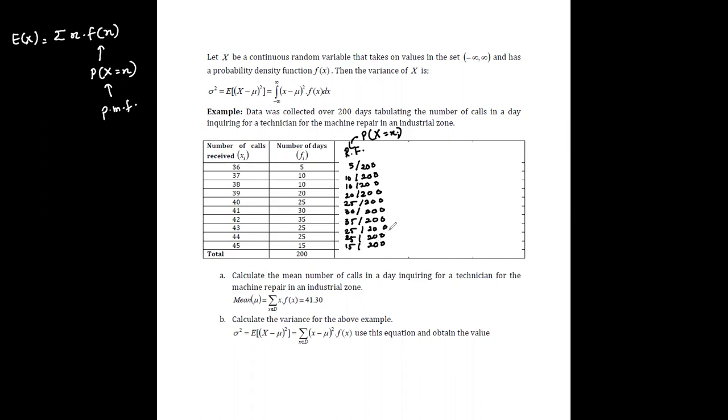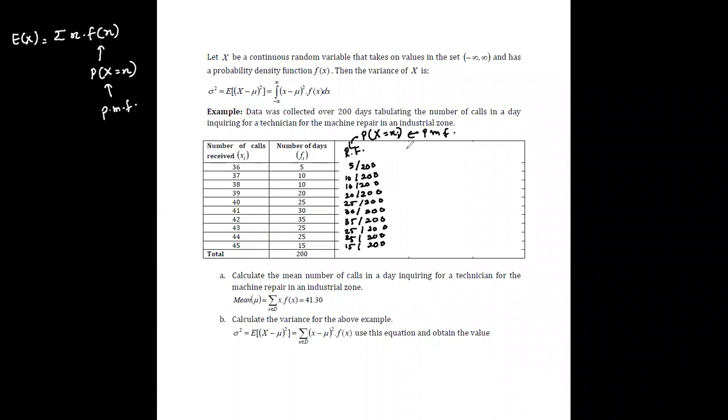Rather than using fractions, I have also used decimals in the wordings, but anyhow I have used the fractions here. Now this can be considered as P(X equals x_i).